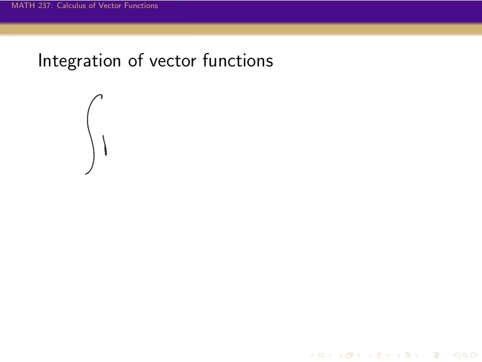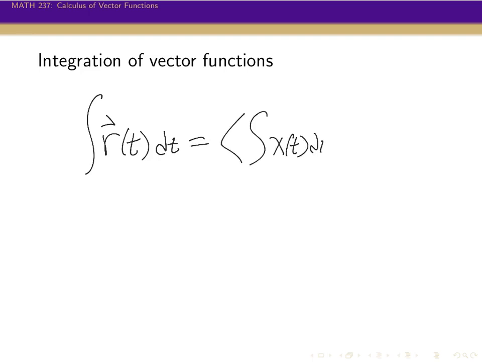So for integrating r of t, whether it's a definite integral or indefinite integral, this is just going to be the integral of the 3 or 2 or however many components you want, done separately. So straightforward, how do you integrate a vector function? You just do it component by component. Nothing more exciting to say than that.